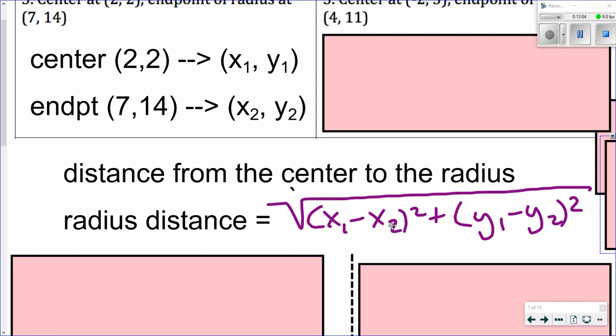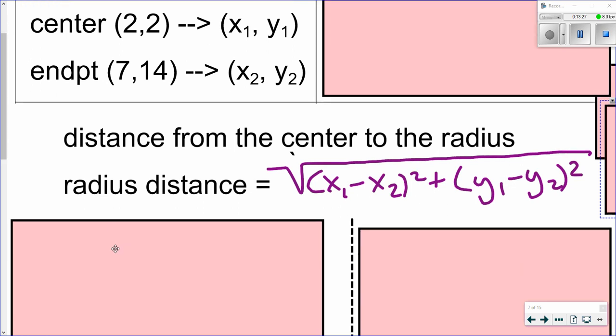It looks like what we did for the circle equation, but we need to find the distance of the radius. And in order to find any distance, we're using this formula. That's why I have x1, y1, x2, y2, because I'm finding the distance from the center to the endpoint. These are the two points, and I just plug it in.